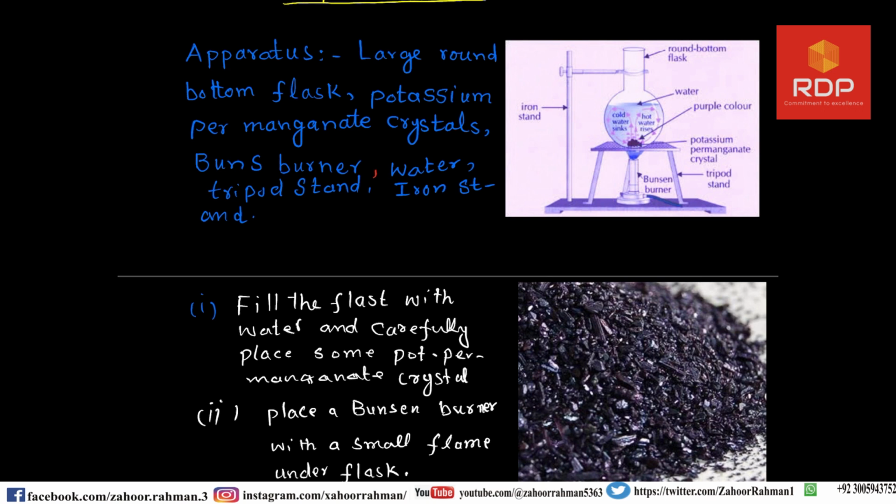So, what does it mean? It means that the particles, the atoms, the molecules of the water are moving and they are spreading the purple color to all sides of the water, and after some time you will observe that the whole of the water is now giving a purplish color.